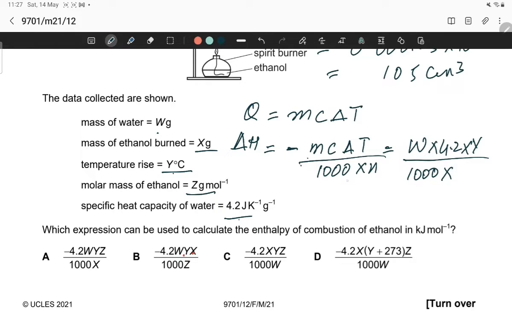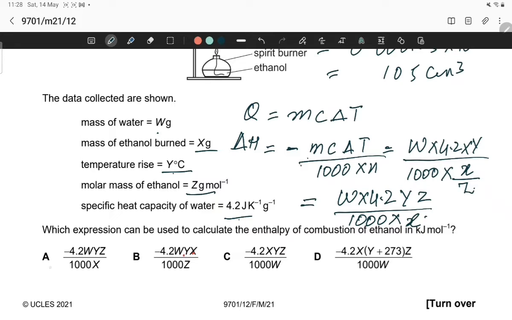Mole is equal to mass over Mr. So mass of ethanol is X divided by Mr, molar mass of ethanol is Z. So this expression can be written like this: W into 4.2 into Y, Z divided by 1000 into X.